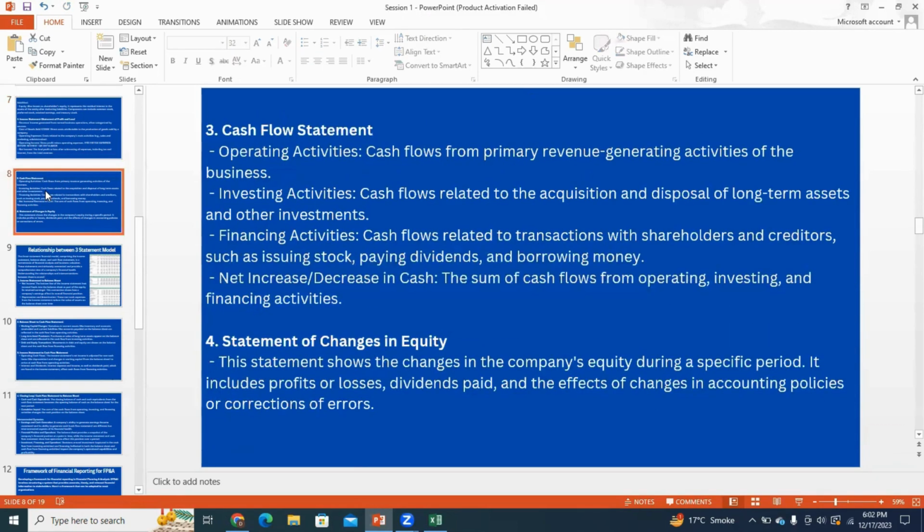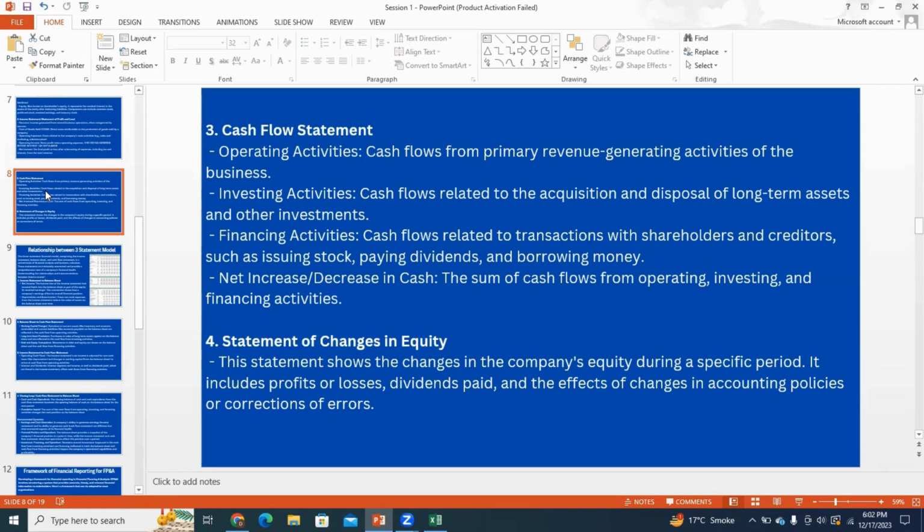The next thing, we were starting the cash flow statements. The cash flow activity starts from the cash flows from the primary revenue generating activities of the business. So what are the primary revenue generating activities?